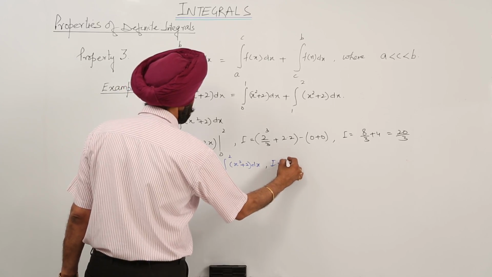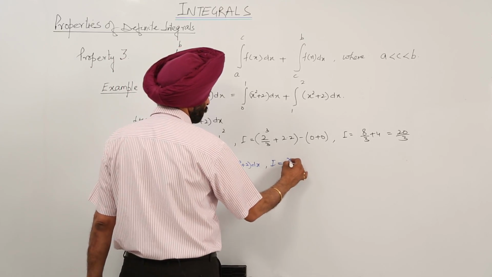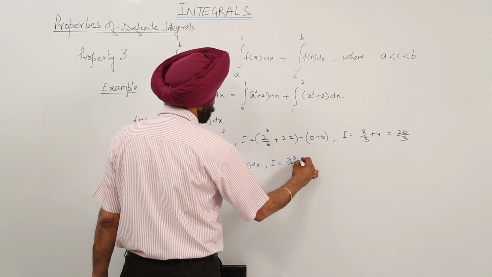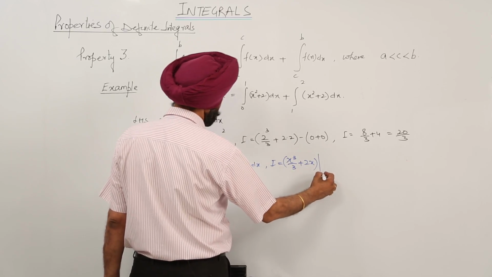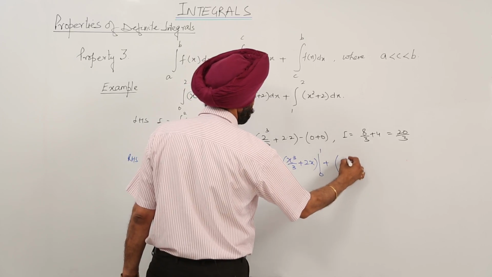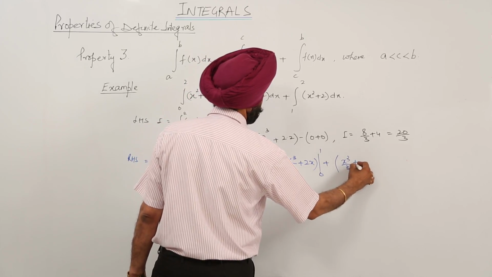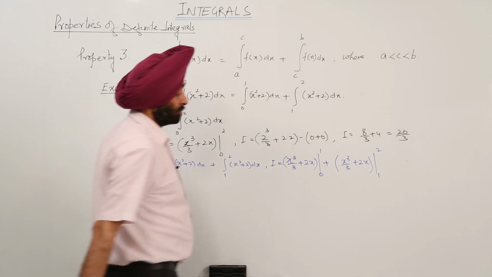Now we are having this one, x cube upon 3 plus 2x with 0 to 1 plus x cube upon 3 plus 2x with 1 to 2.